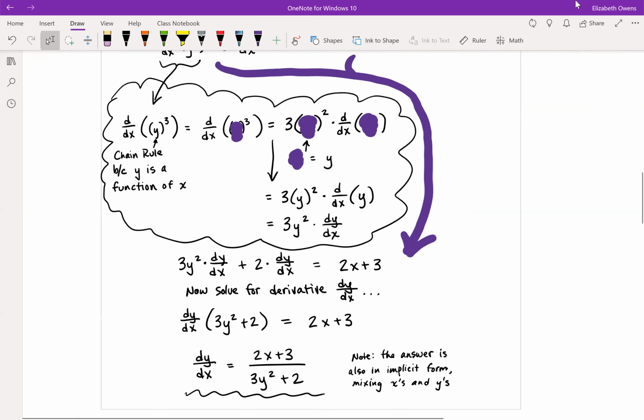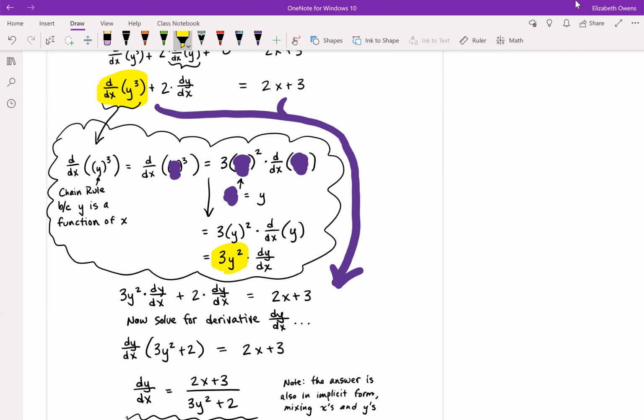You might notice here that for this derivative of y cubed, it kind of behaves like you would expect it to, going like 3y squared. That looks very much like a power rule, because it is. But then you just have to multiply by this extra factor of dy dx, because your variables didn't match.